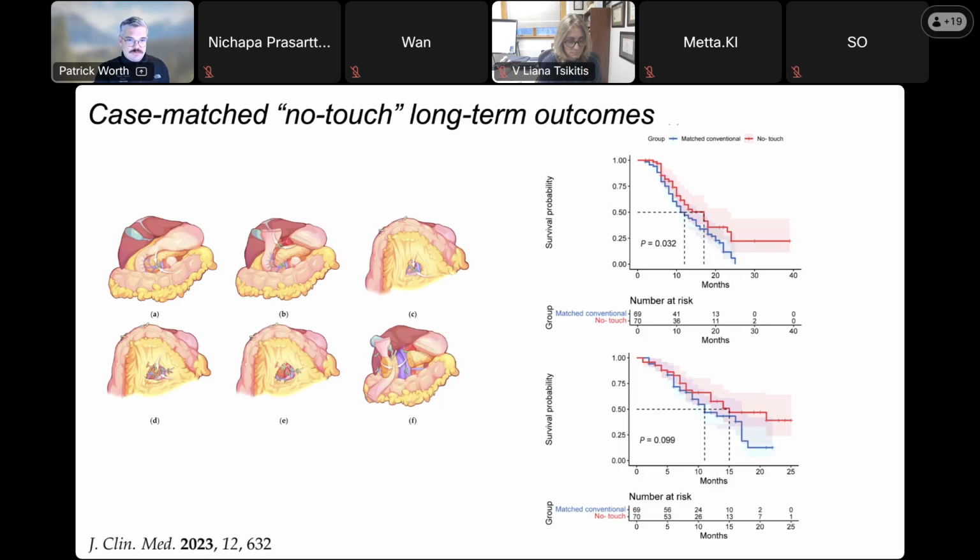So there was a group in China a couple of years ago that was working on a no-touch technique for pancreatic resections, essentially. And there's some Japanese publications as well looking at a vein-first resection approach for the pancreatectomies.